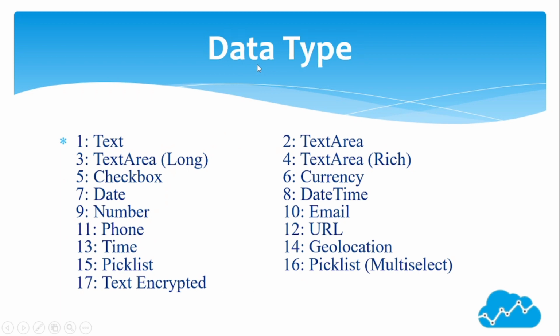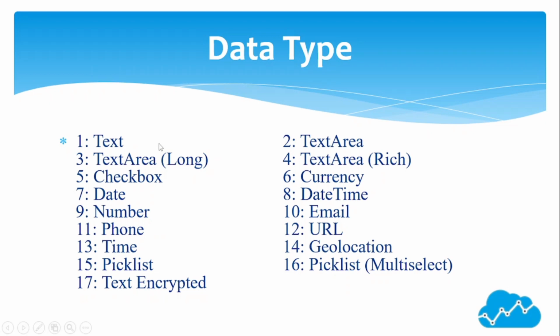Whenever we are creating fields, at that point of time we have to choose the data type while creating the field. If I am creating a name field, I have to take a data type relevant to name, meaning name should be text. So Salesforce provides the data types when we are creating fields.